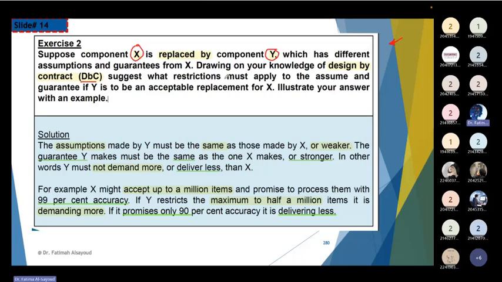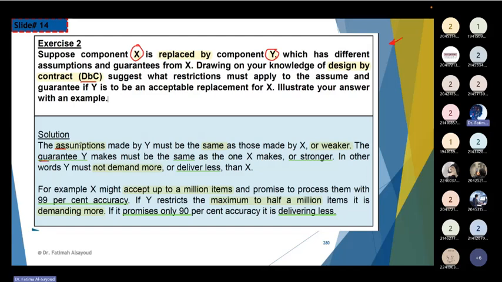So when you are replacing any component, now we're going to wrap it with the concept of design by contract. Now we will talk about it in the philosophical way of design by contract. When we talk about design by contract, we have a precondition and postcondition. But for a component, we define it differently. We say assumption, what you assume, and guarantee, what you are guaranteed.